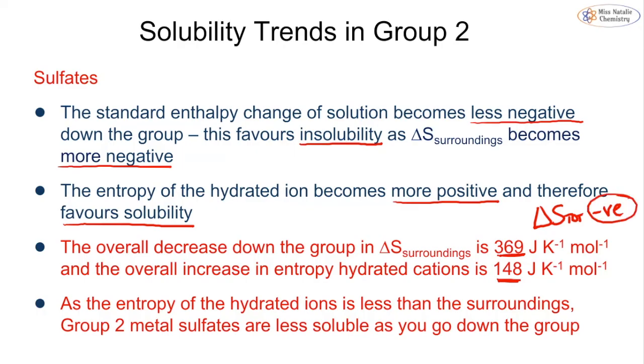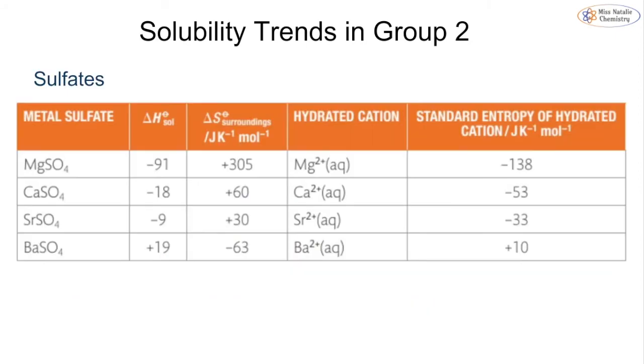And the more negative it becomes, the less likely it's going to be soluble, meaning our group 2 sulfates are less soluble as you go down the group. The magnitude of the surroundings is larger than the magnitude essentially of the system, favouring a non-spontaneous reaction.